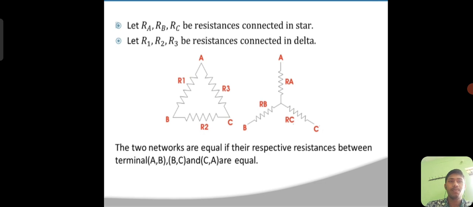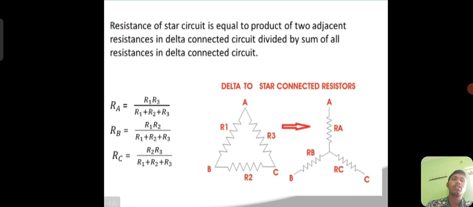So we can identify the resistance of star and delta connections. The resistance of a star circuit is equal to the product of two adjacent resistances in the delta connected circuit divided by the sum of the resistances in the delta connected circuit.